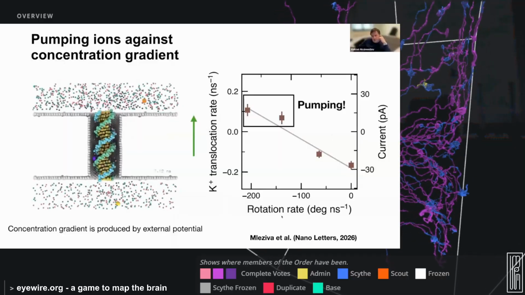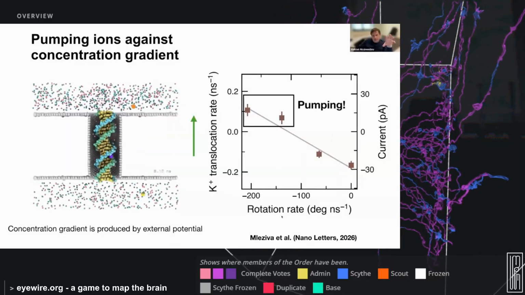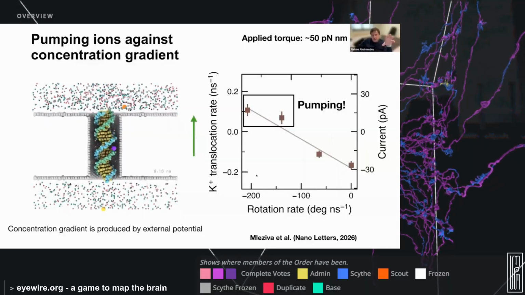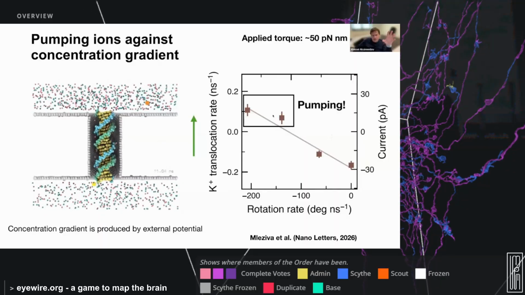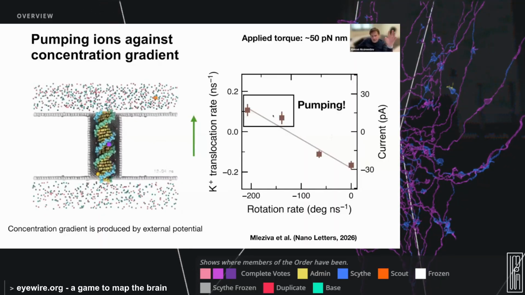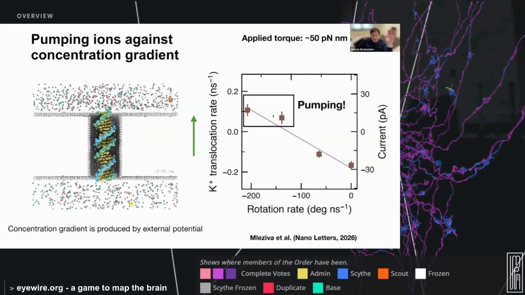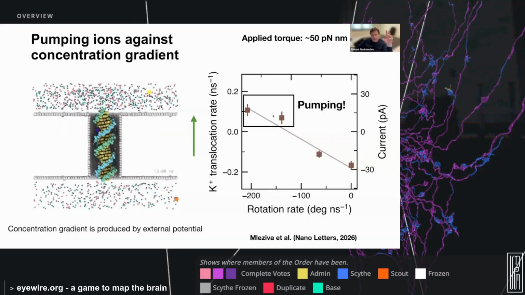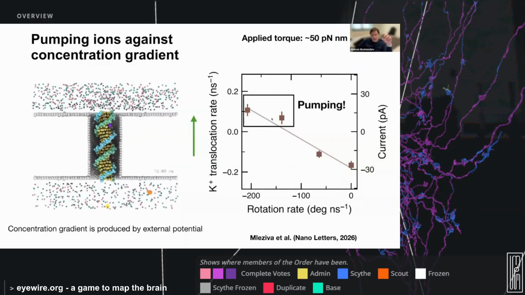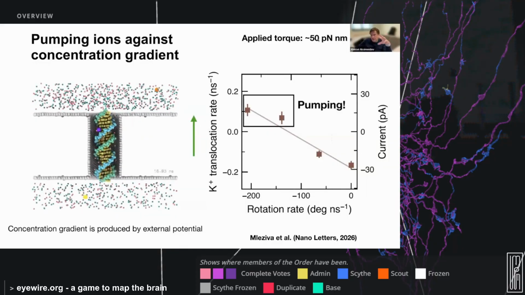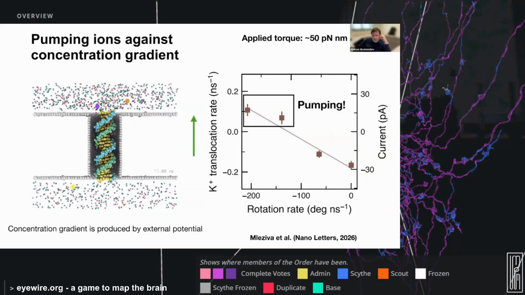Now it's interesting to compare this to FOF1 ATPase again. So to generate a rotation in this range, we have to apply a torque of about 50 piconewton nanometer. That is exactly the ballpark of torque that the soluble part of ATP synthase applies under synthesis conditions. So this is actually very reasonable torques.